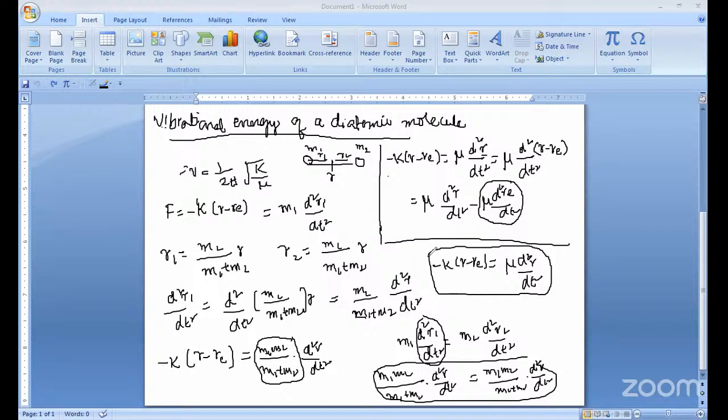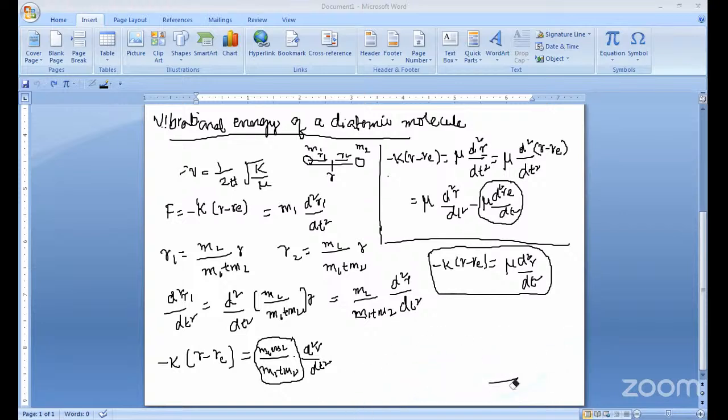For a simple harmonic oscillator, the frequency of vibration is given by nu.